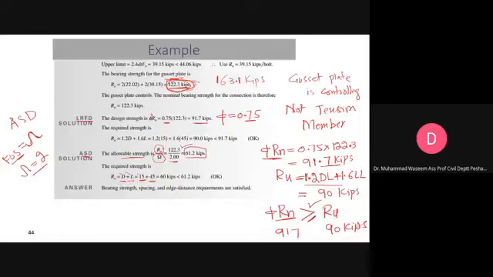Now you just add these two and you will get 60. Now this should be less than the allowable strength. Okay, in the case of ASD, allowable strength should be greater than required strength.